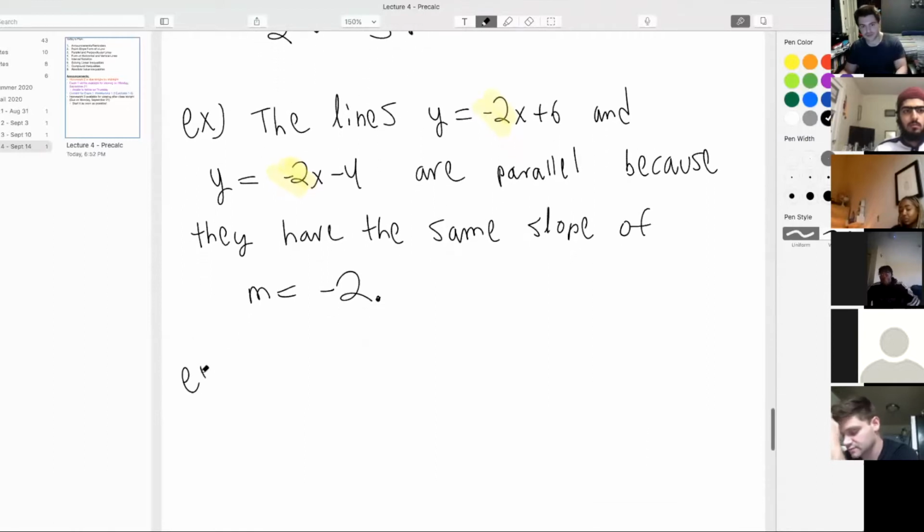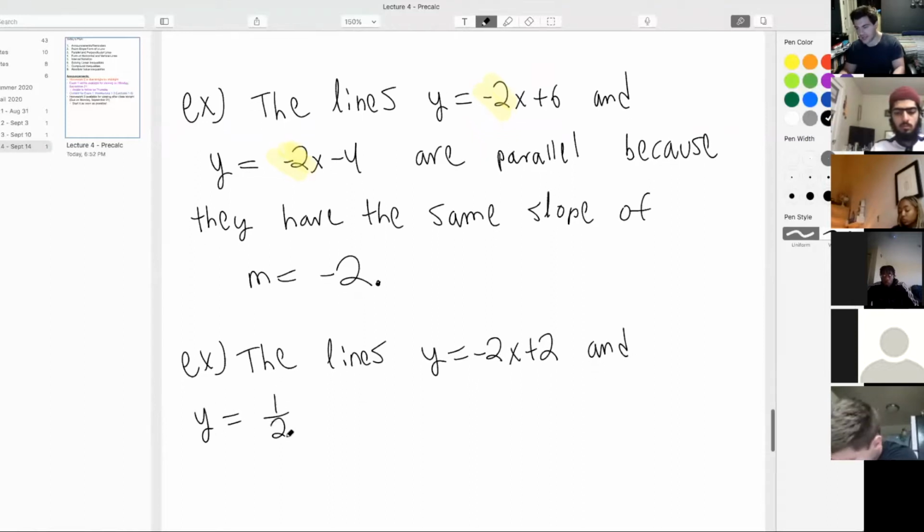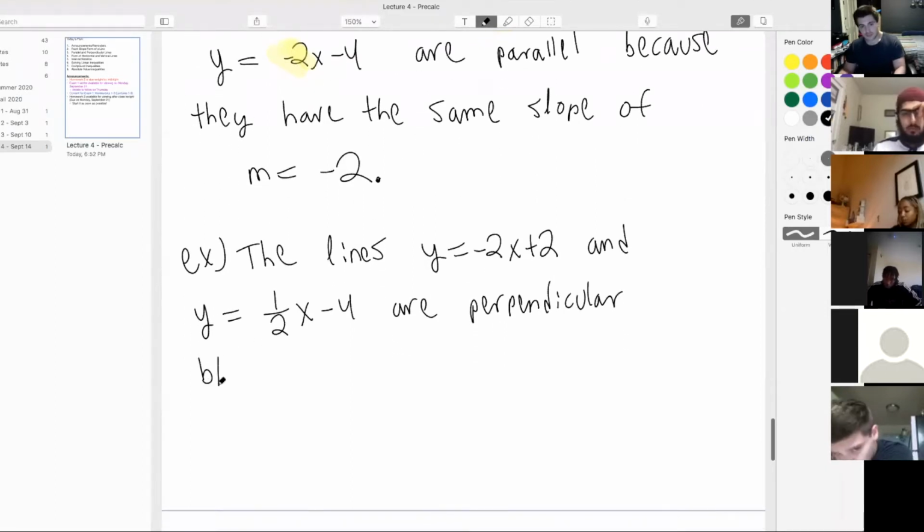Okay, good. Now let's do a perpendicular example. The lines y equals -2x plus 2 and y equals 1/2 x minus 4 are perpendicular, because -2 and 1/2 are negative reciprocals of one another.